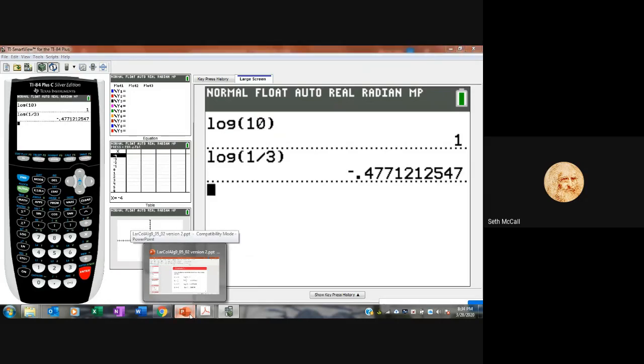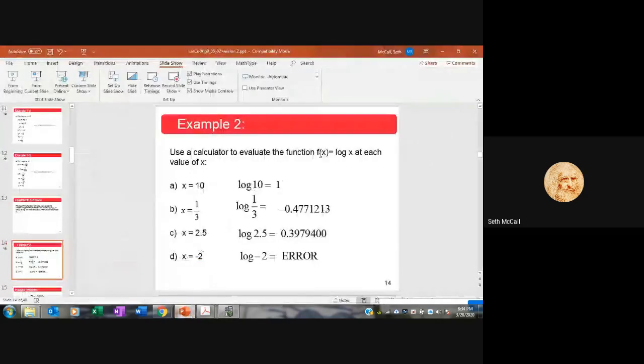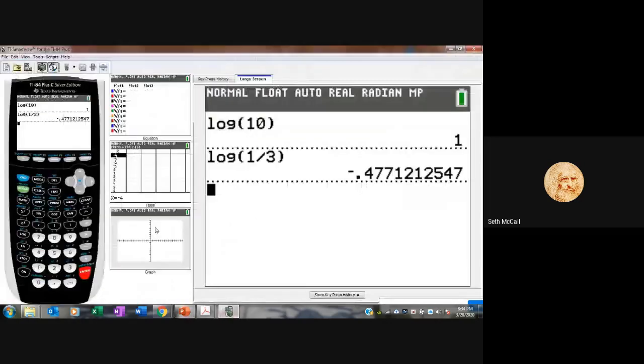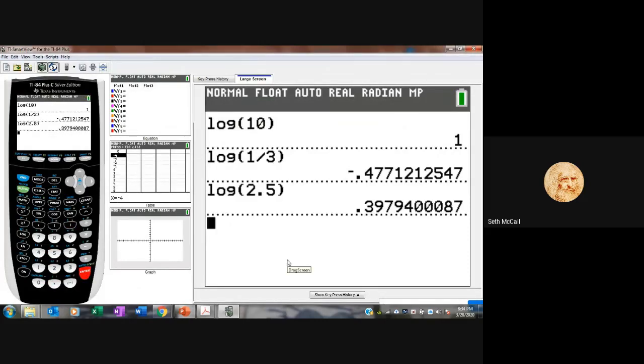The third problem asks us to evaluate f of x equals log of x for x equals 2.5. So we'll go back, hit the log key, 2.5, close out your parentheses, and hit enter, and we get another answer that is also a decimal.